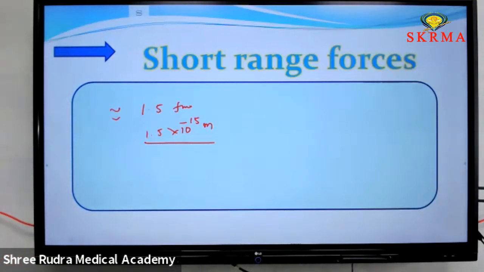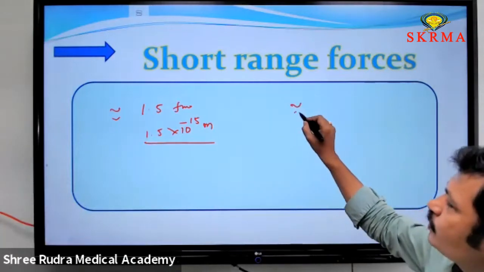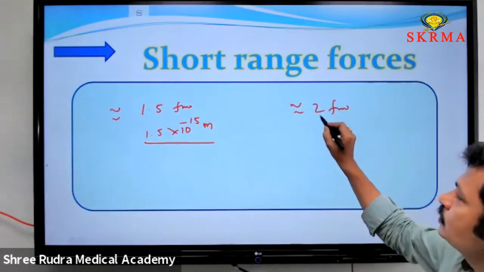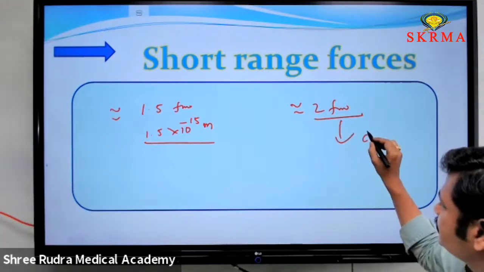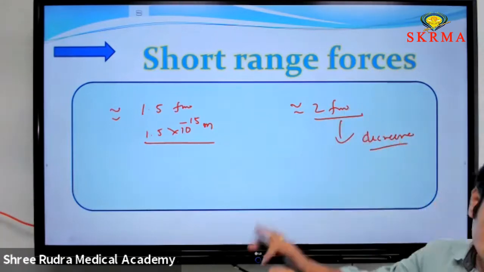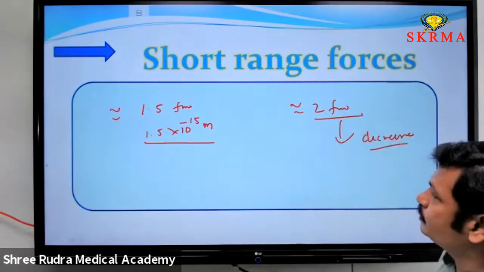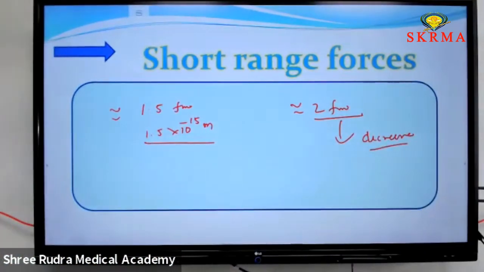In other cases, these are negligible. Suppose the two nucleus separation is above 2 Fermi, the nuclear forces weaken or decrease. We should not bother about the nuclear forces above 2 Fermi. That's why the nuclear forces are short range forces.